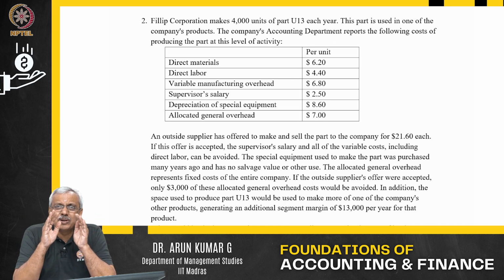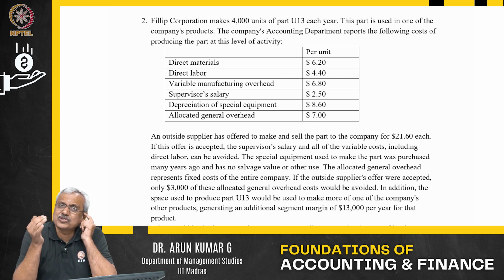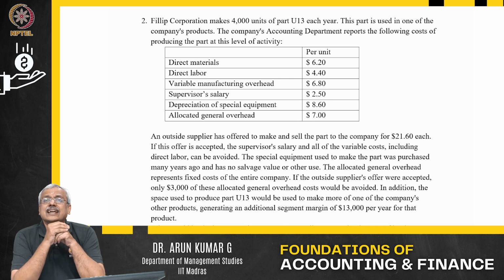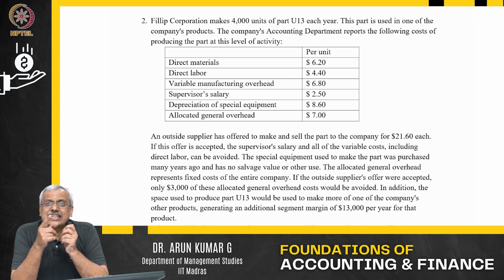The machinery is going to be with me irrespective of whether I manufacture or not. So, the cost associated with the machinery, that is the depreciation of the special equipment, is going to be incurred irrespective of whether you manufacture or you do not manufacture.